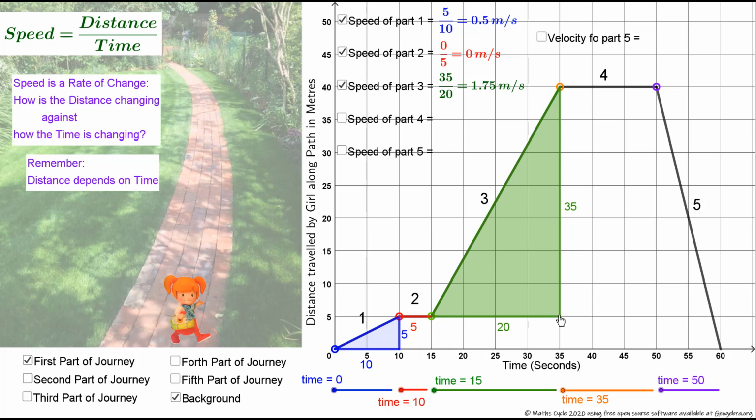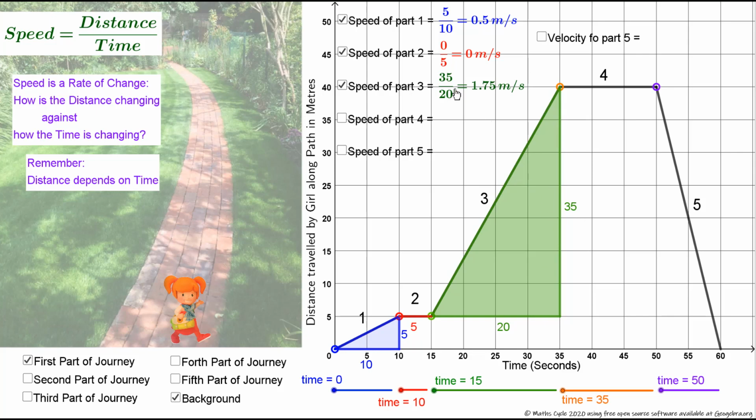And her distance then went from 5 to 40 meters. So 40 take away 5 is 35 meters is her distance, or you can calculate that by counting the boxes. Each box represents 5 meters. So 1, 2, 3, 4, 5, 6, 7 boxes is 35 meters.